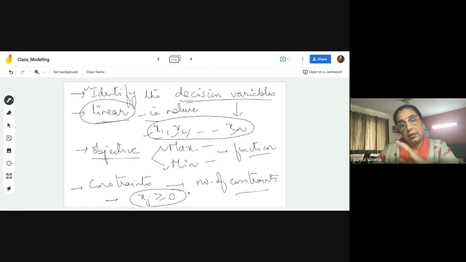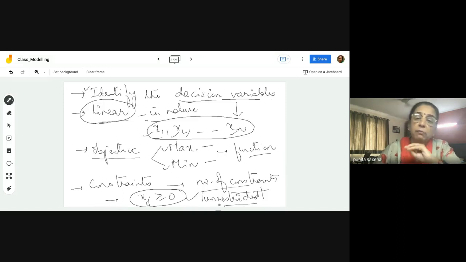But otherwise, not in this course, but subsequently when you do, you have to identify this also. Are all the variables non-negative? If yes, no problem. If no, then we have to identify which of the variables are unrestricted. We may come across such problems.